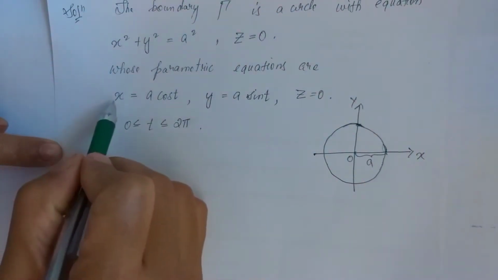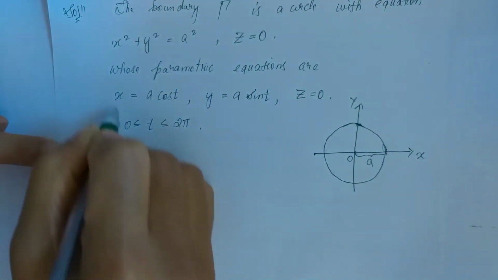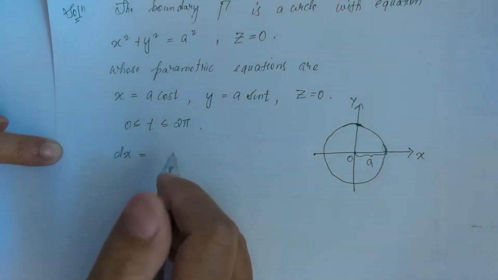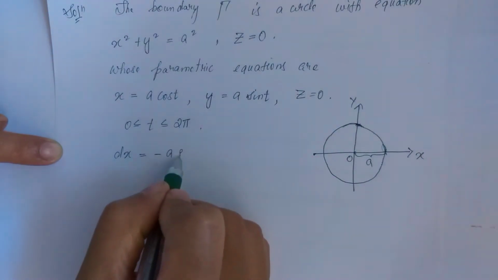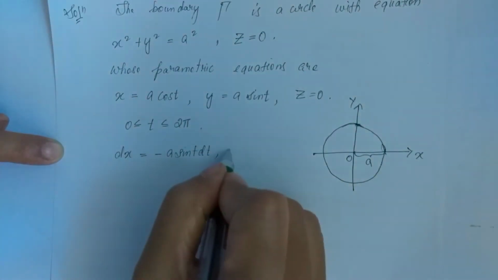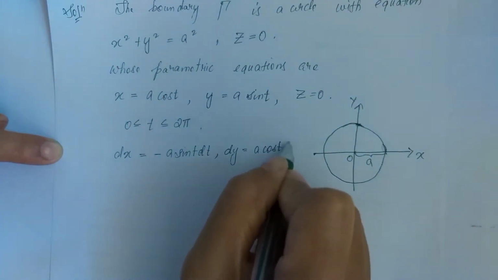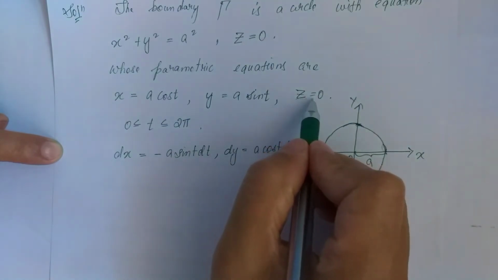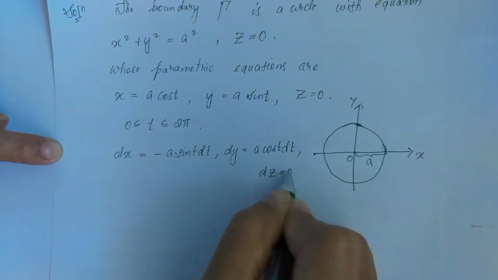Now what do we get from here? We have dx equal to minus a sin t dt. From here we have dy equal to a cos t dt. And from z equal to 0, we get dz equal to 0.